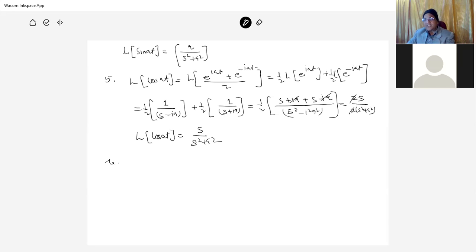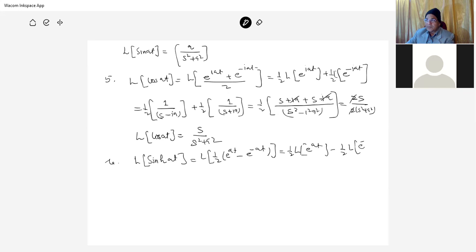The sixth formula is the hyperbolic one. L of sine hyperbolic at is equal to L of 1 by 2 (e raised to the power at minus e raised to the power minus at). That is 1 by 2 L of e raised to the power at minus 1 by 2 L of e raised to the power minus at.